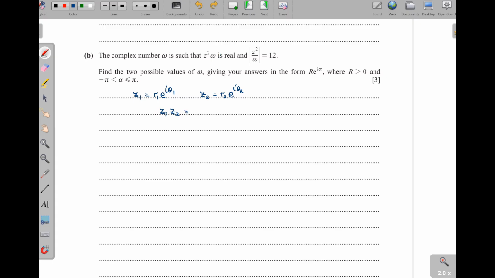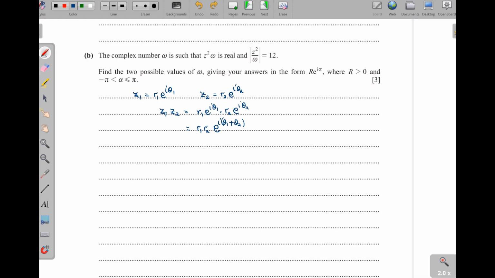Then we shall have r1 e power i theta 1 times r2 e power i theta 2. This will give you r1 times r2, then e to the power of i (theta 1 plus theta 2), because for indices, when we are multiplying the same base, we add the powers.